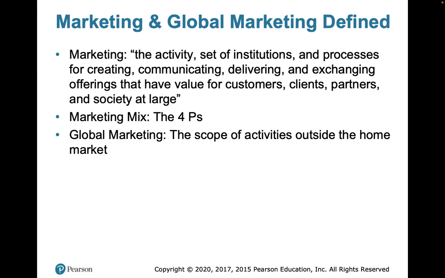The very first one is the product. There has to be a product, whether a service or a tangible product, something you can actually see and touch. When there is a product, there has to be a price, and there also has to be a place.